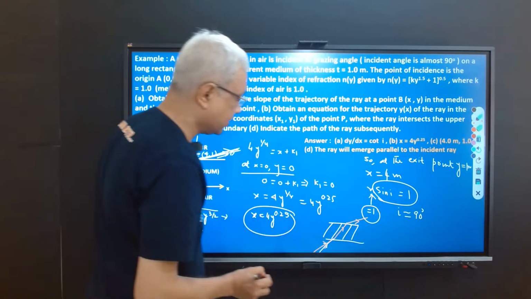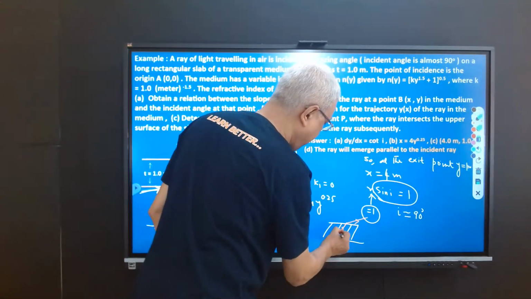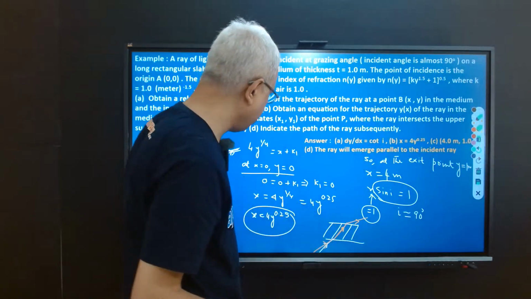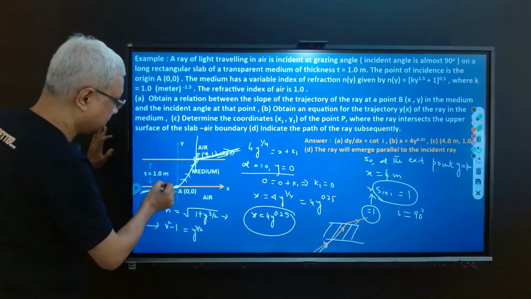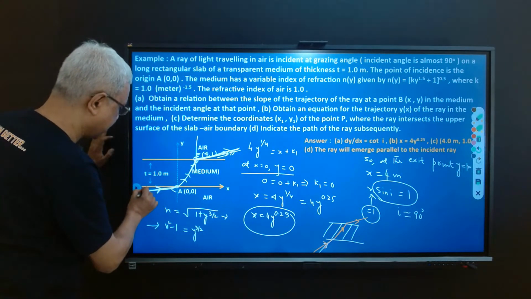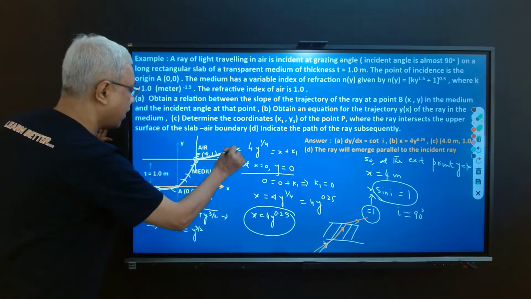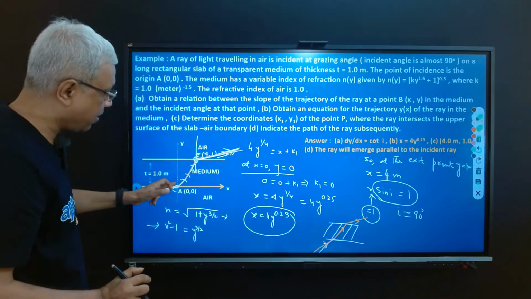These two rays are parallel. So here also it happens like this, but instead of a straight path inside the slab, where the slab's refractive index is uniform, here the ray takes a curved path. The path of light in the medium is not a straight path, it moves along a curved path. So inside the slab, it is a curved path.